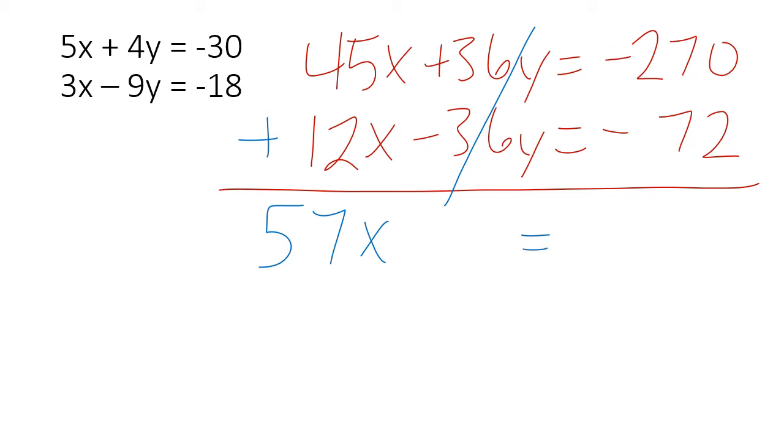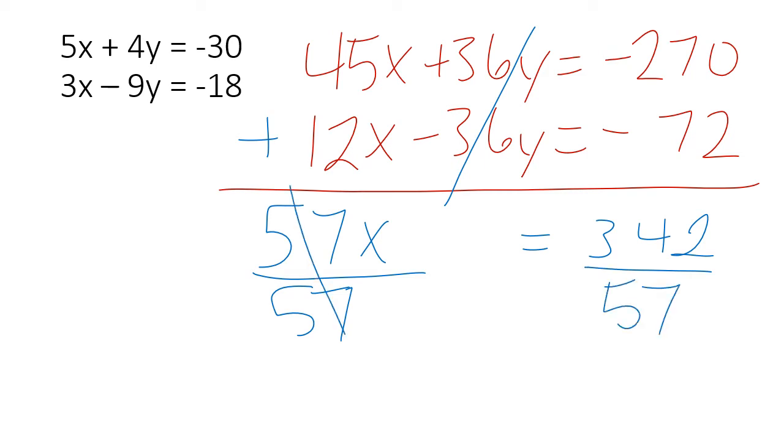So that's going to be 342. And so now I have 57x equals 342. So I got to solve for x here. All right, so if I divide this side by 57, and divide this side by 57, this is a hard one to do in your head, so maybe grab a calculator. This is going to be 6. So I have x equals 6 here.